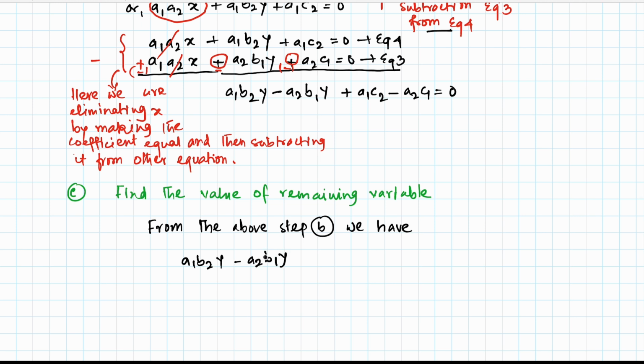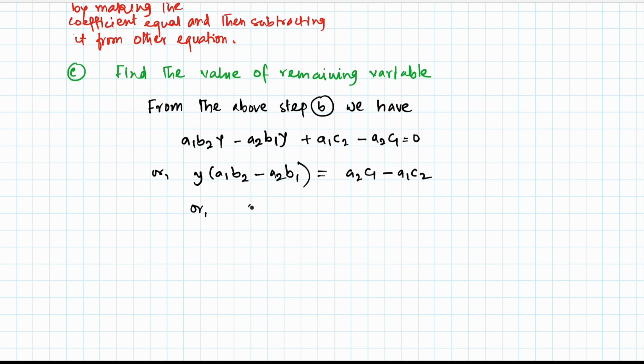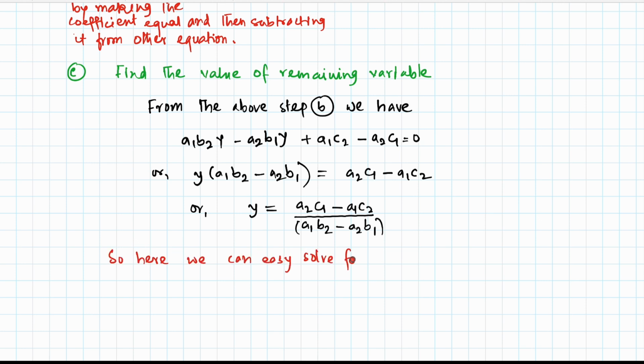From the above step, we have a1b2y minus a2b1y plus a1c2 minus a2c1. Now we take terms from the left hand side to the right hand side, and the sign gets changed, and we get y equal to (a2c1 minus a1c2) divided by (a1b2 minus a2b1). Very easy. This is the process of elimination: by eliminating one variable, we get the other variable.